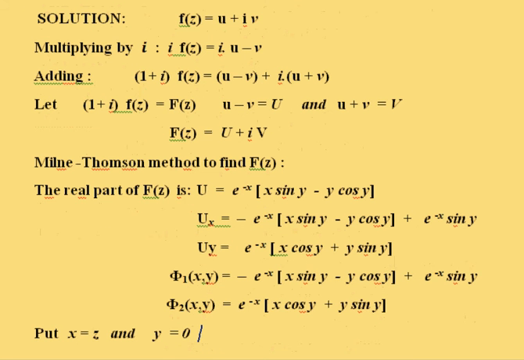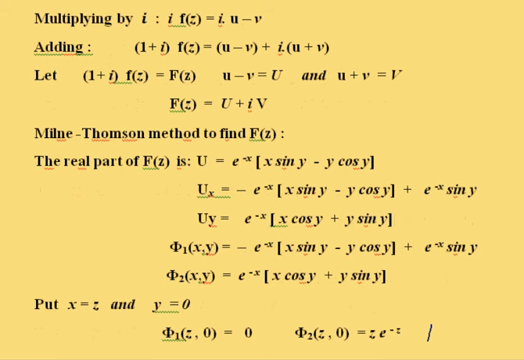We will get phi 1(z,0) is equal to 0 and phi 2(z,0) is equal to z e to the power minus z, because when we put y is equal to 0, this whole term will become 0, and in the other term, putting y is equal to 0, this will become e raised to the power minus z into z.